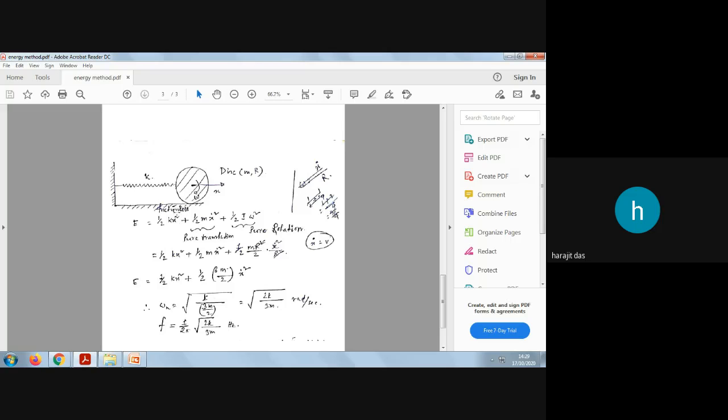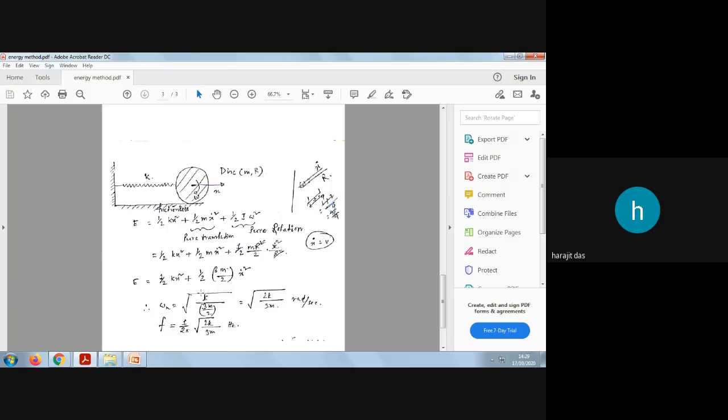We are saying that this surface is frictionless, and the disk is rotating on its axis as well as having a translational motion. So both motions are there. Finally you need to find out the natural frequency.